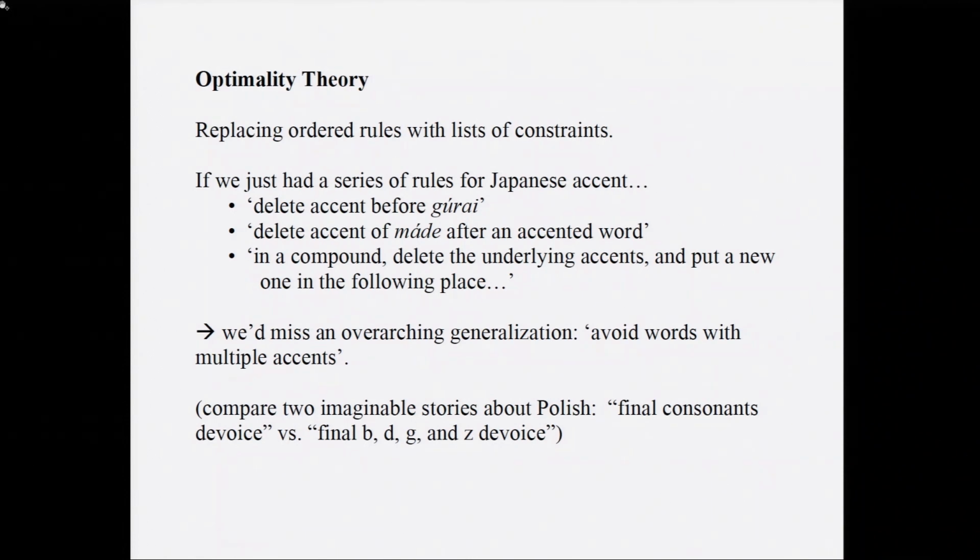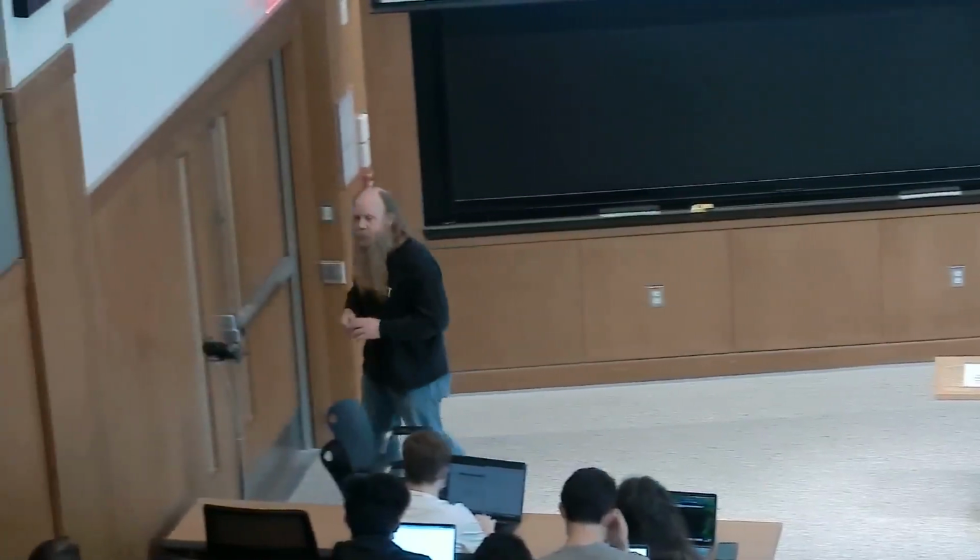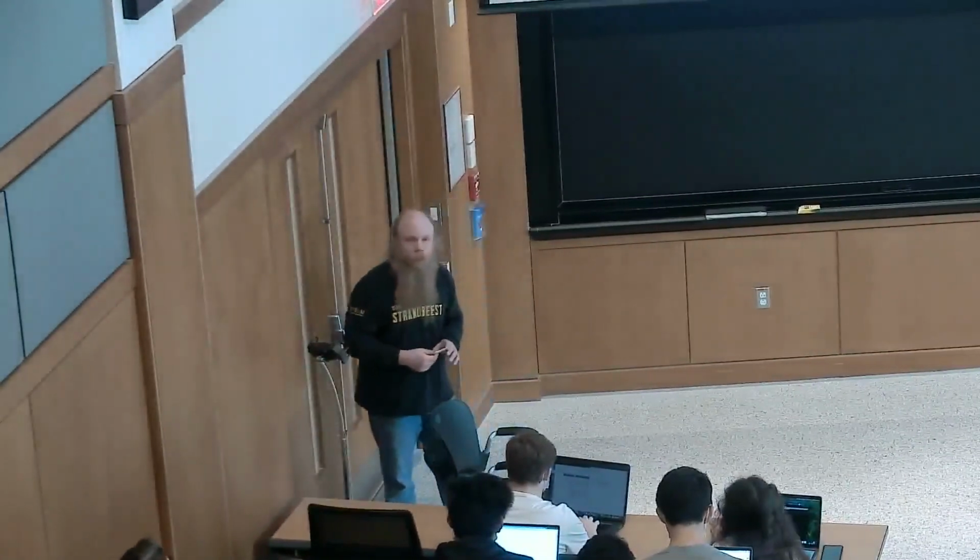So a similar kind of thing that we could think about here. We've talked now a couple of times about Polish. Polish is one of a number of languages in which if you have certain kinds of consonants at the ends of words, consonants like B and D and G and Z, we convinced ourselves that they devoice, they become voiceless at the ends of words.